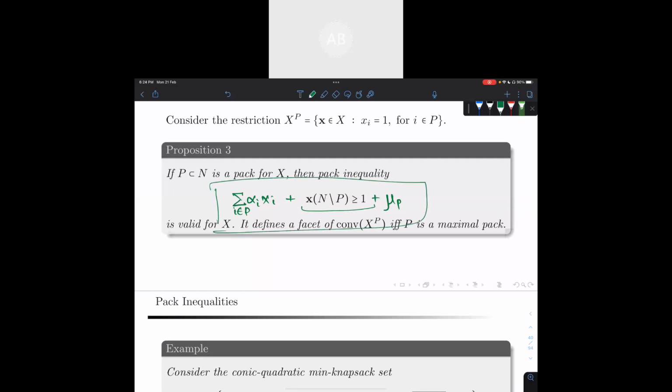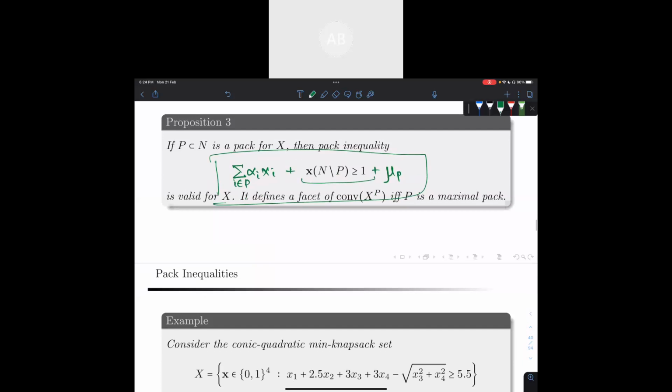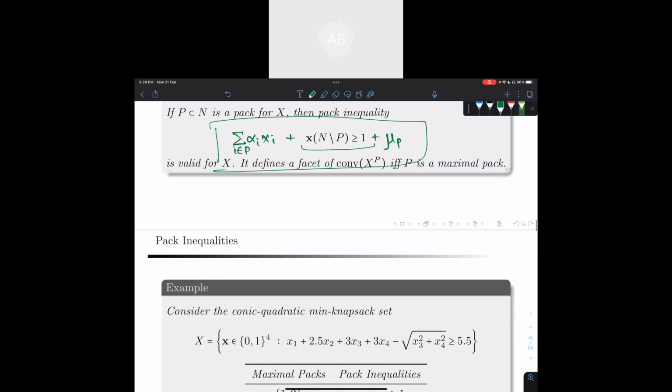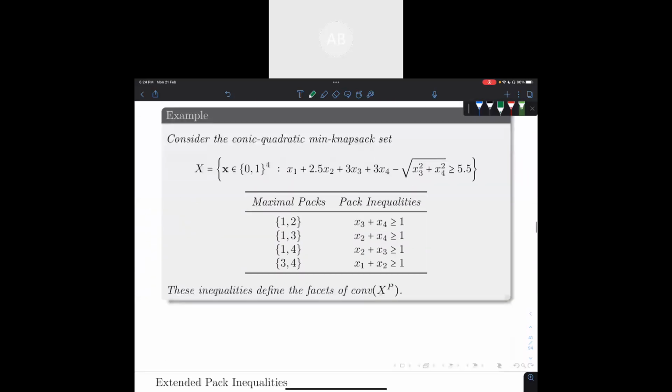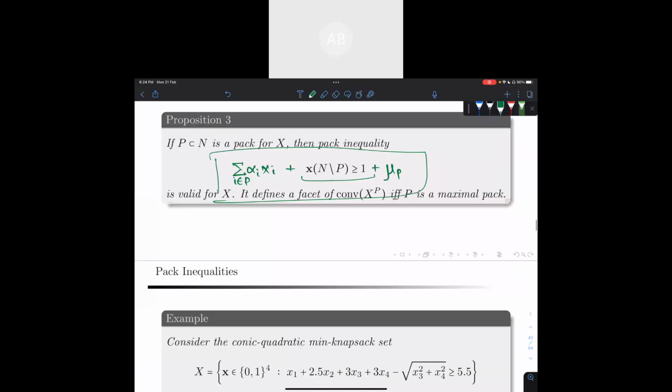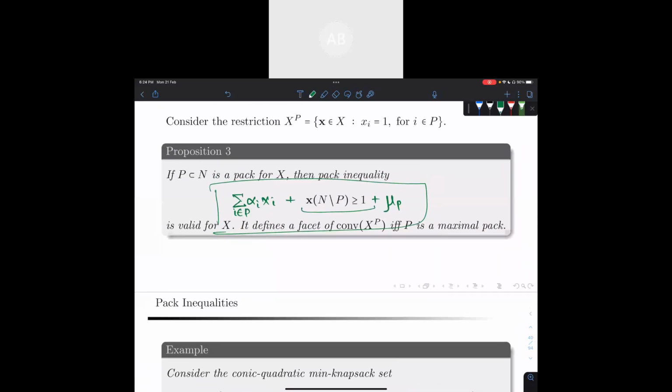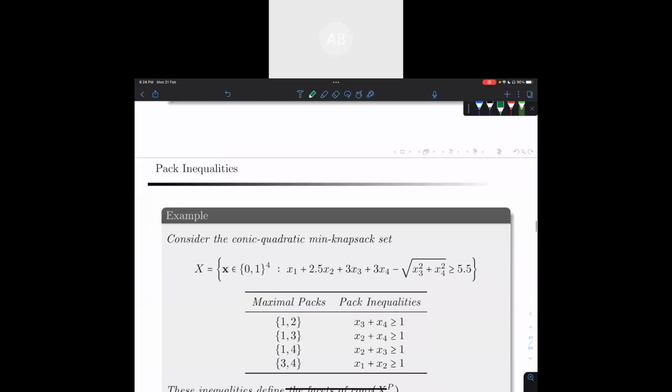Adding anything here, this has to be less than or equal to the cardinality of P. But we just want to lift the inequality in higher dimensions to make it stronger, and that is when we use the submodularity argument of these knapsacks.